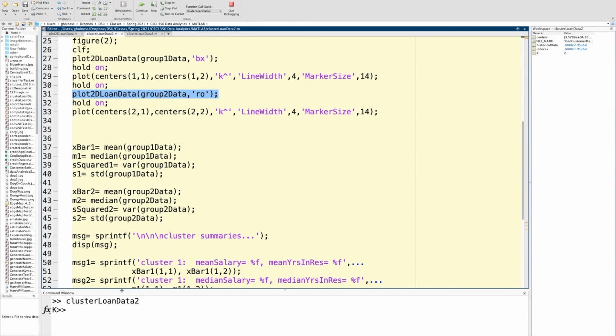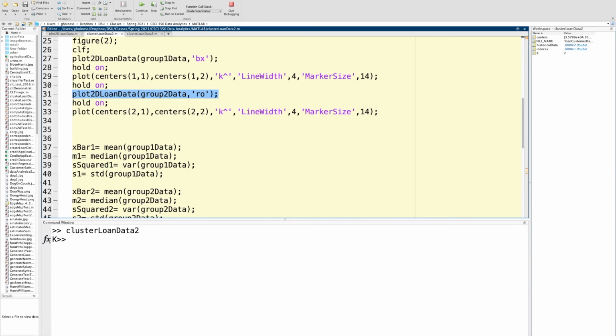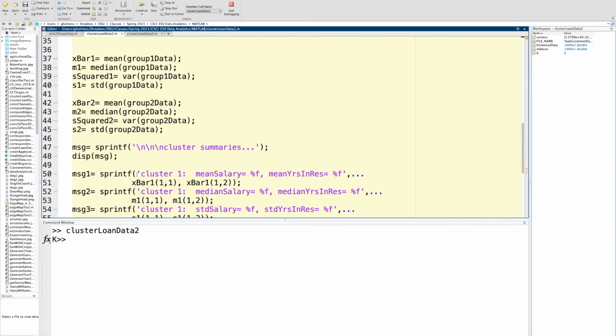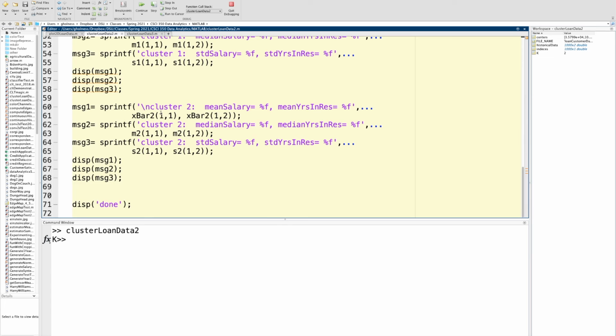Now after that, I get my groups, and I want to compute some summary statistics about the 2 groups. I compute the mean, the median, and the variance, but I don't print the variance; I print out the standard deviation. So I take the mean, the median, and standard deviation of the group 1 cluster data points, do the same thing for group 2, and print that out.